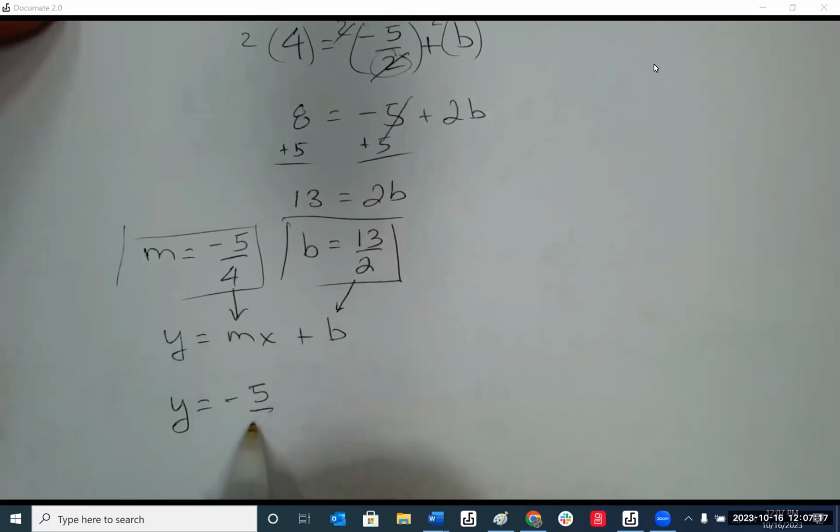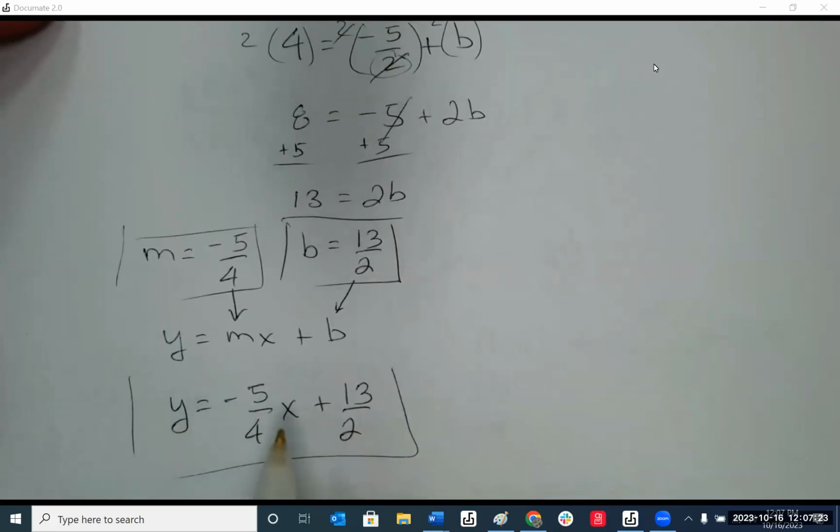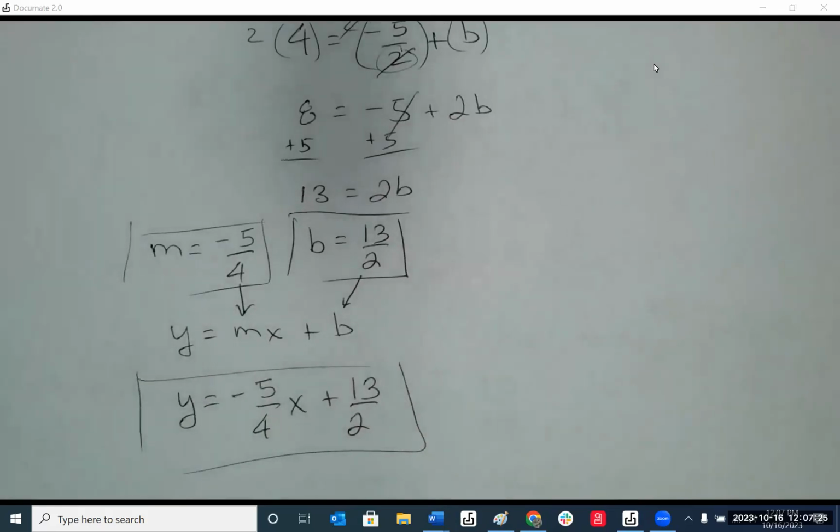So y equals negative 5/4x plus 13/2. And that's it. Very straightforward.